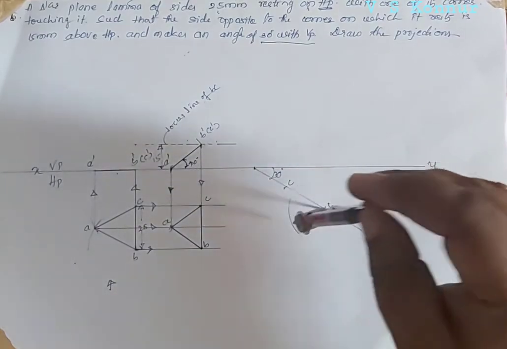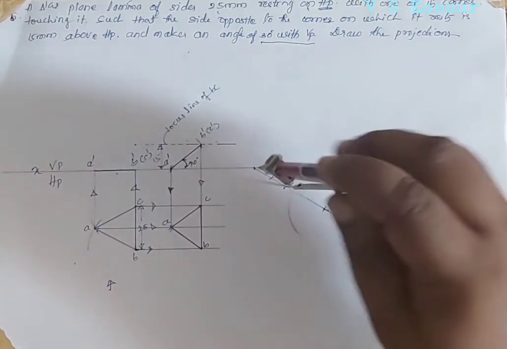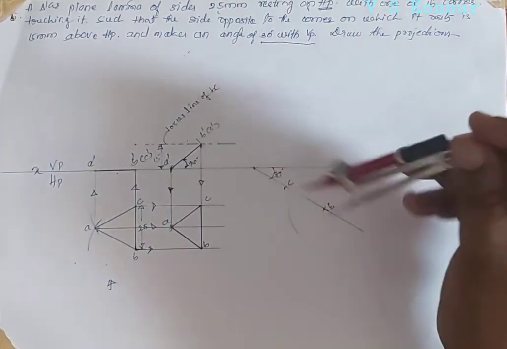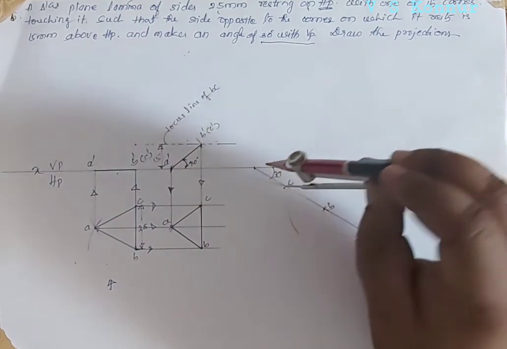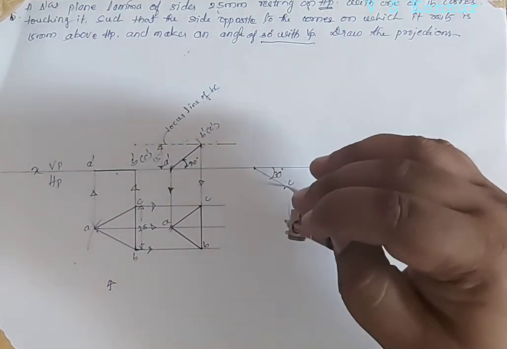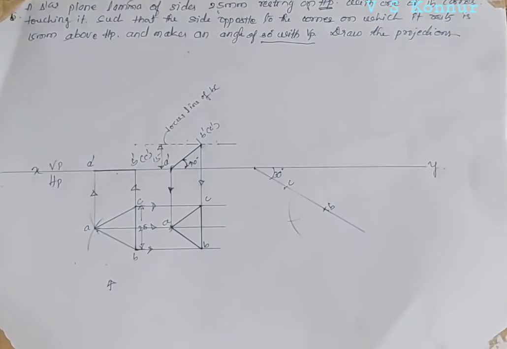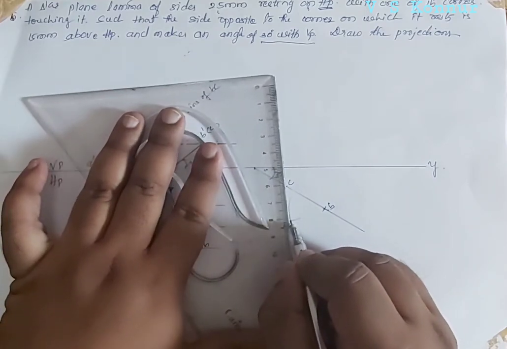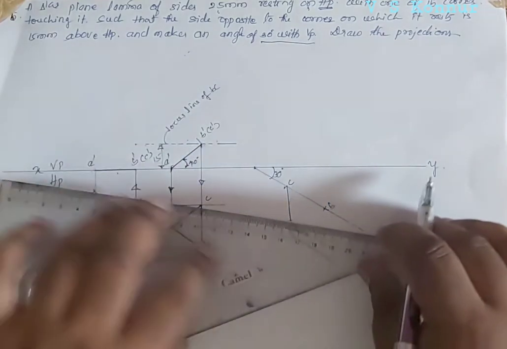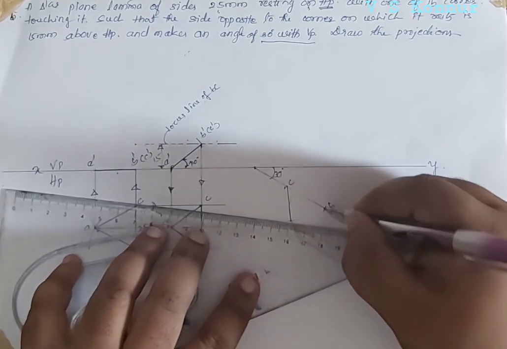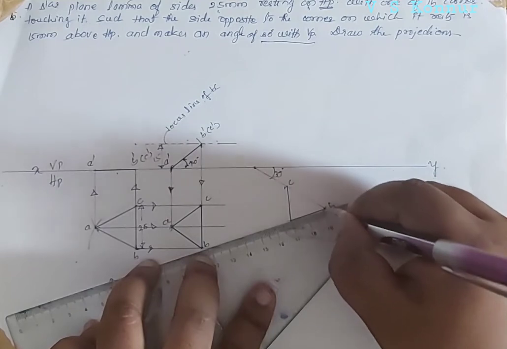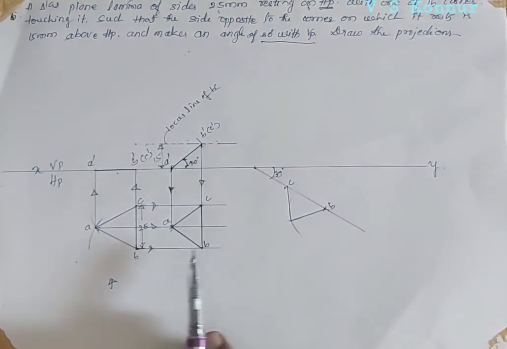So draw the arcs on either side. Now join these points. Now this triangle has been transferred here.